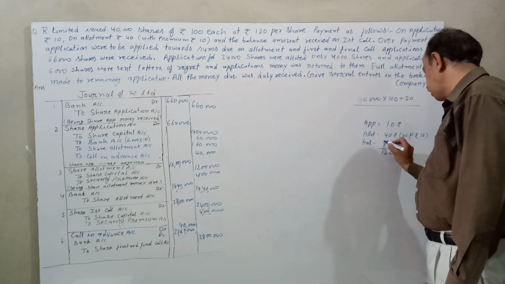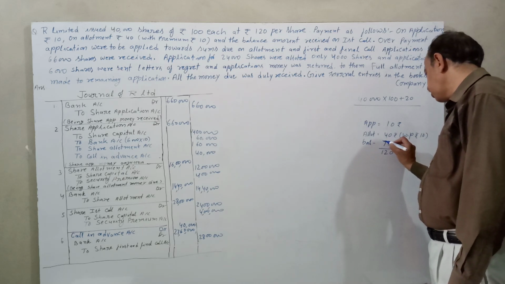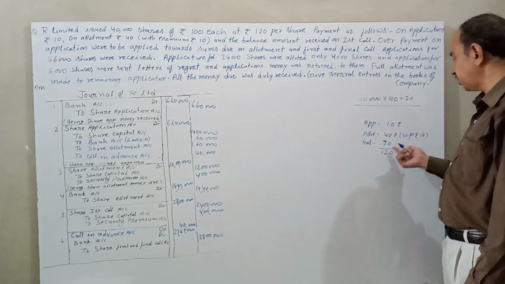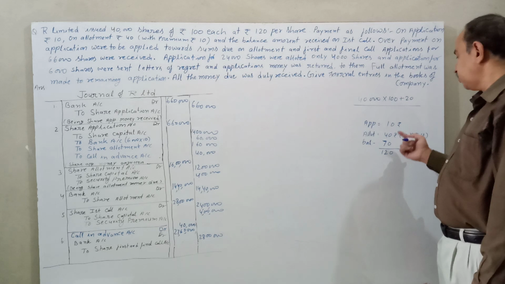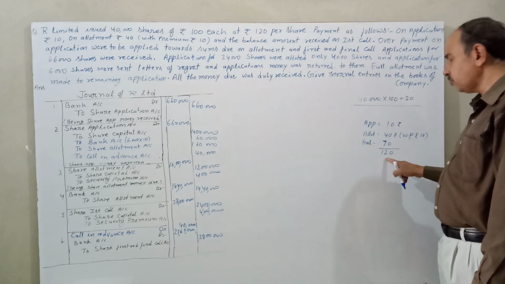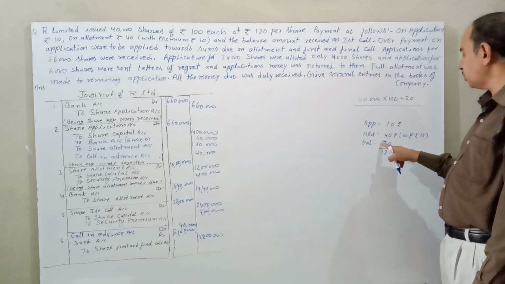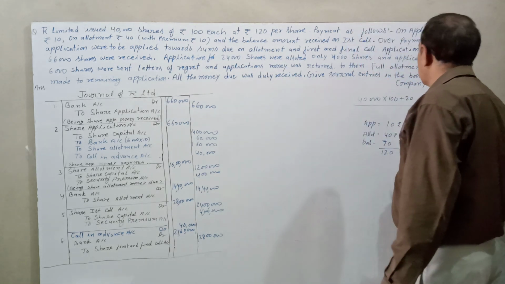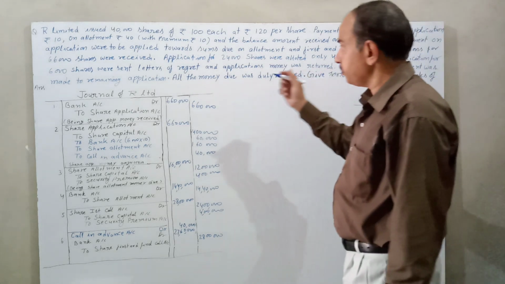How did we calculate the 70? We added 40 and 10, and subtracted from 120, so 70 rupees comes.